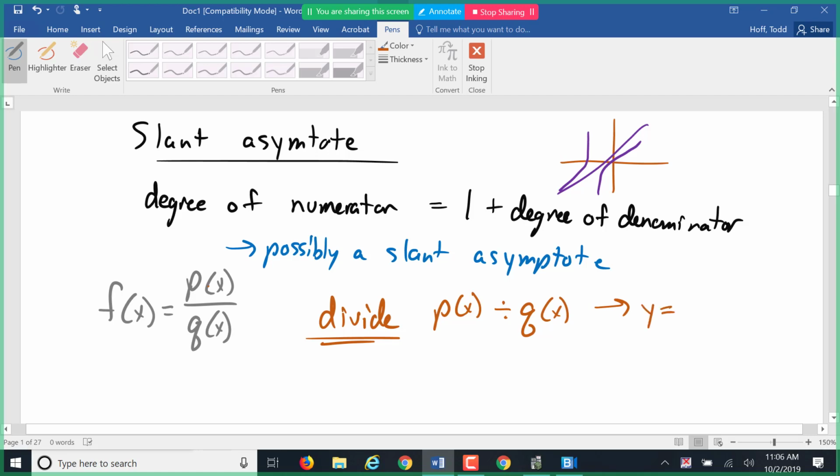It's going to be a linear equation. So y equals whatever that equation is going to be, the linear equation for that slant asymptote. Any remainder has to be dropped. You can still have a remainder, you're just going to ignore it.